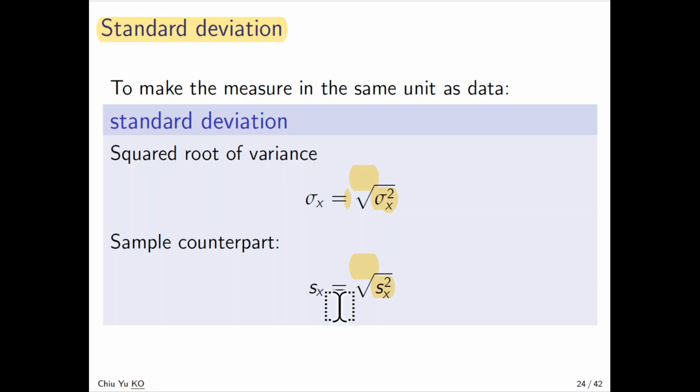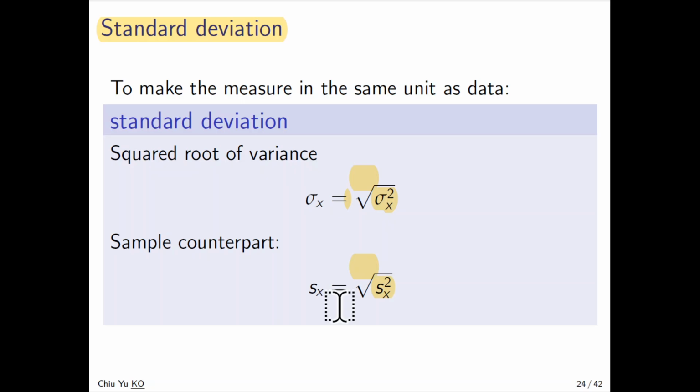When you compare two groups of data, you want to normalize it. So we have a new concept called the coefficient of variation. You scale it by its mean, so you divide by the mean and multiply by 100.